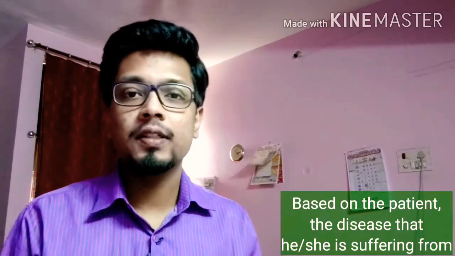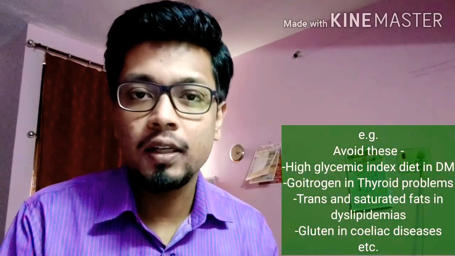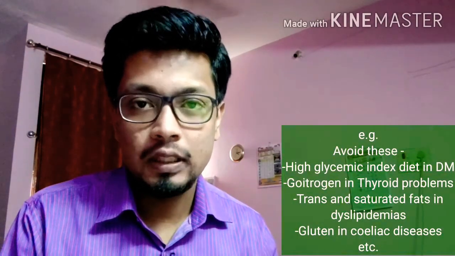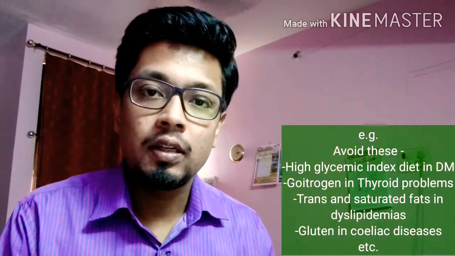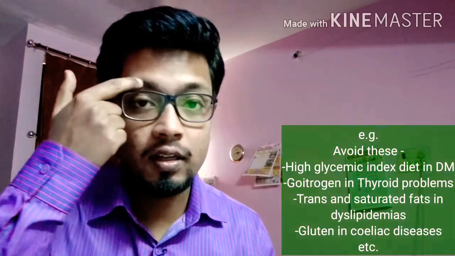For example, a patient is having diabetes. You should advise to not take any food that is high in glycemic index, like rice, potato, any kind of direct sugar, any kind of fruit containing high amount of sugar.